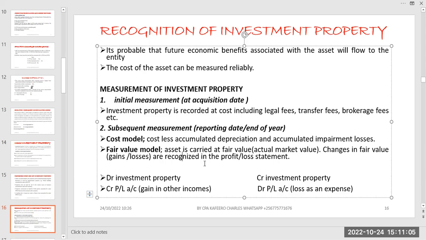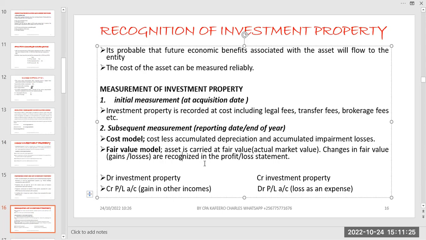We also distinguish impairment from depreciation. Depreciation is spreading the cost over its useful life, but impairment is that the asset has decreased in value. That's basically how we can define those.